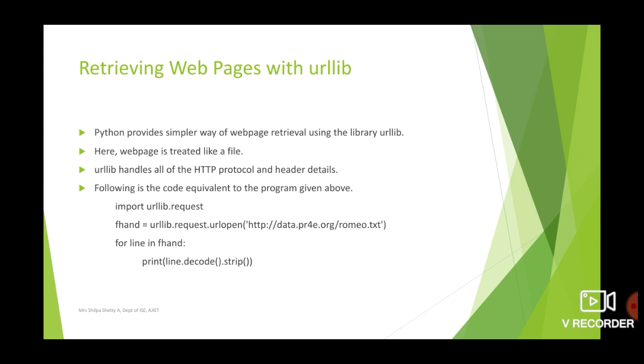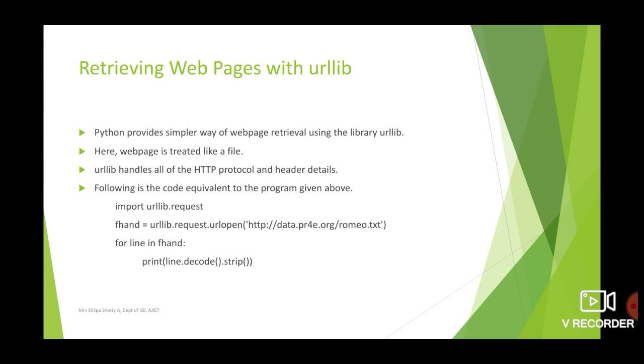So now what we do is we decode it from the binary format and then use the strip method. We know that the strip method is used to remove any white space that appears in the beginning or at the end of a particular line. So this is a very simple program to retrieve a web page from a server.